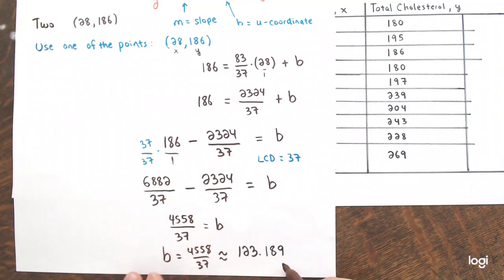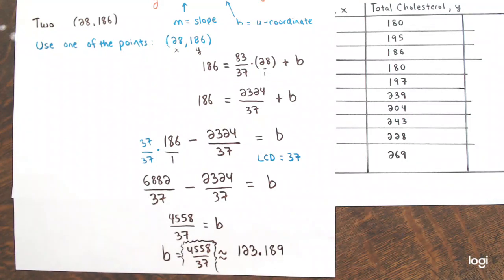So this would be to the nearest thousandth. But again, I'm going to use the fraction, and just know that it's about 123.2.